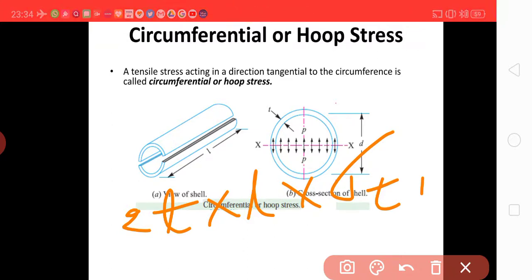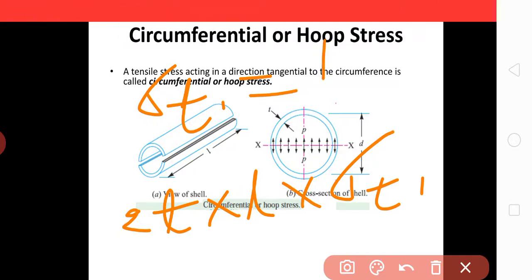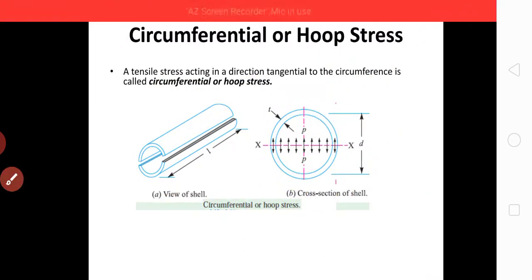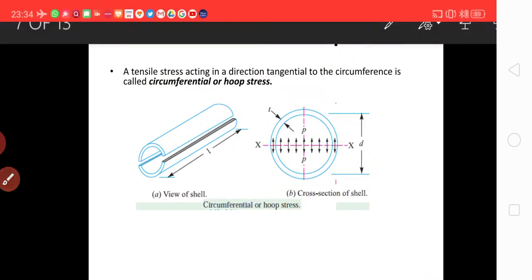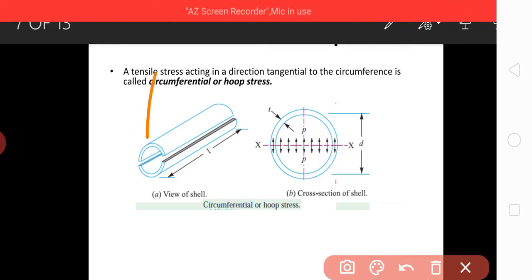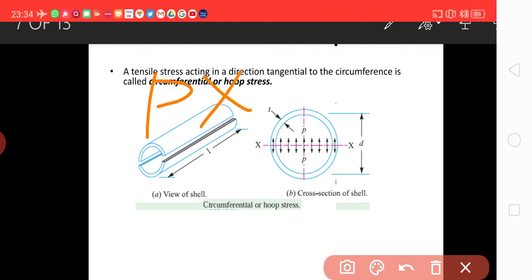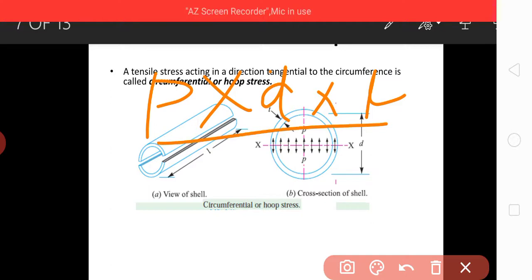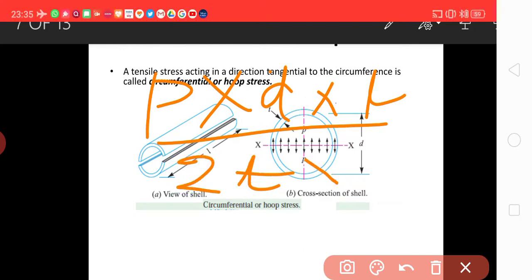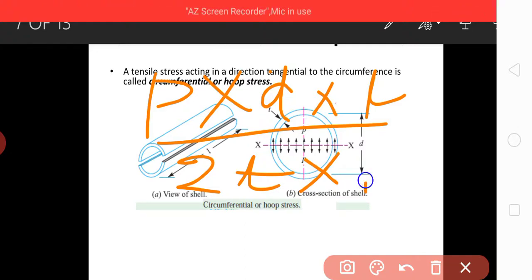So this gives you sigma T1 equal to bursting force upon resisting area, which gives you pressure into diameter into length upon resisting area, that is 2T into length.